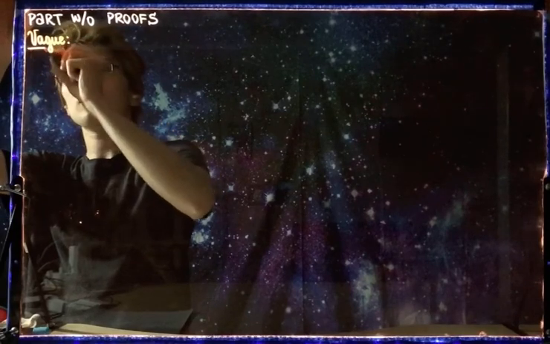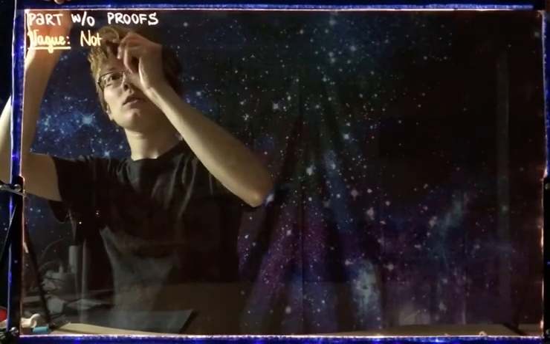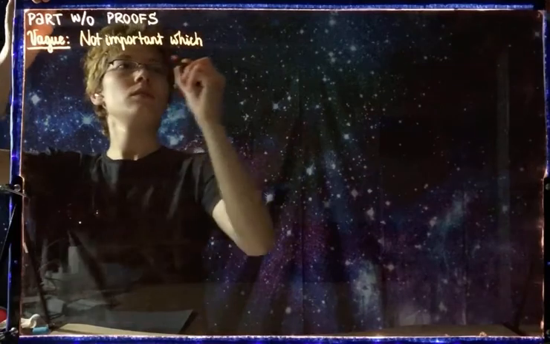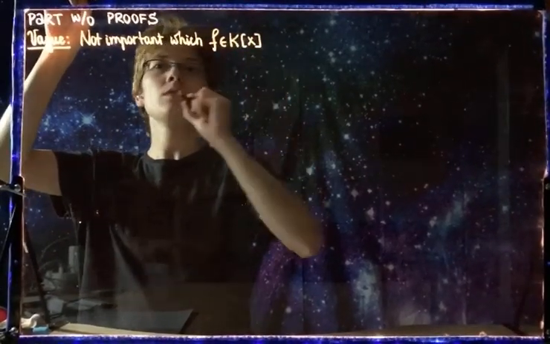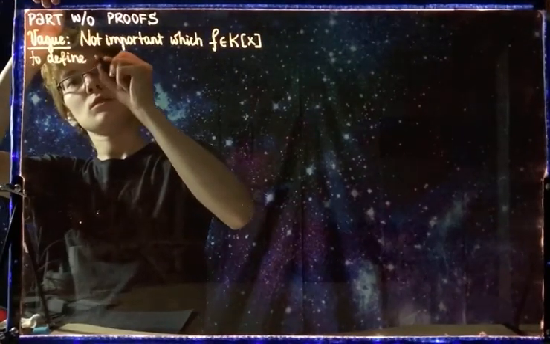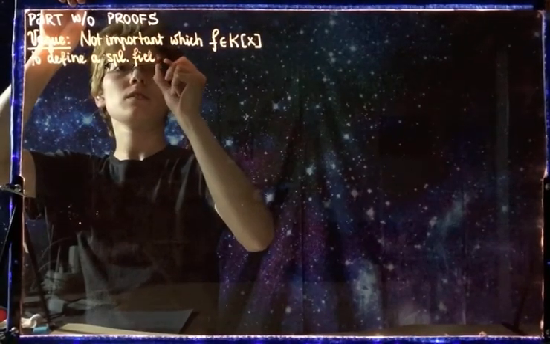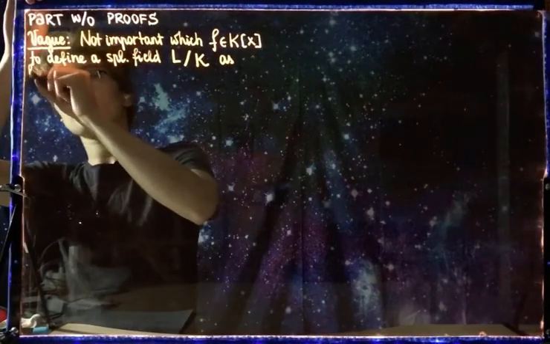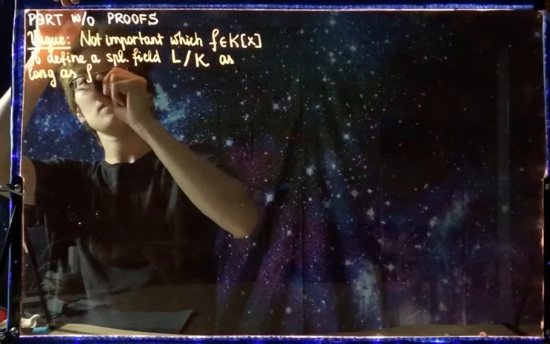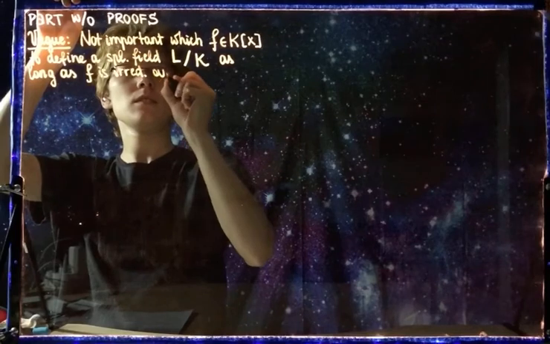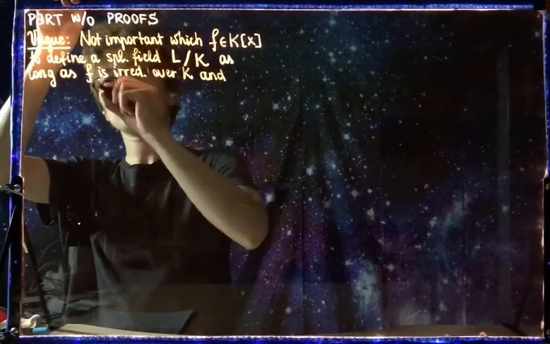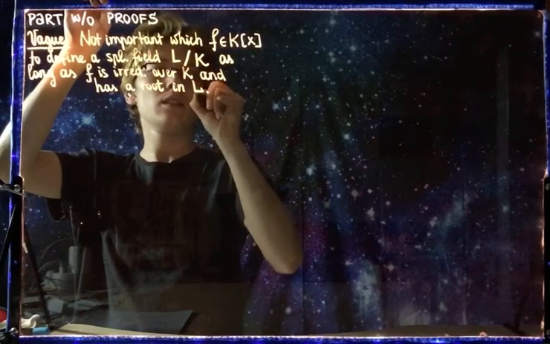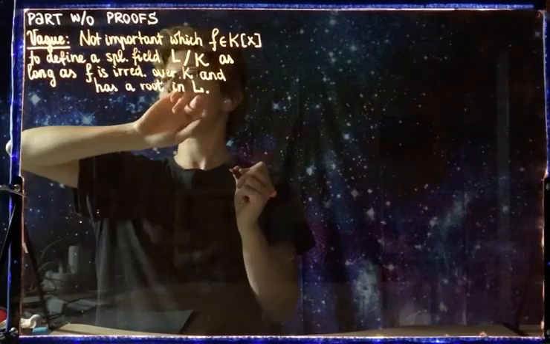So the vague idea is that it is not important which polynomial we choose to define a splitting field L over K, as long as F is irreducible over K and has a root in L. Then adjoining all the roots of F will give us a field extension which is isomorphic to L.